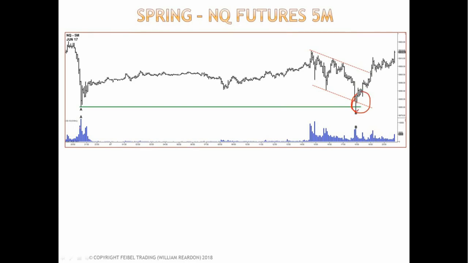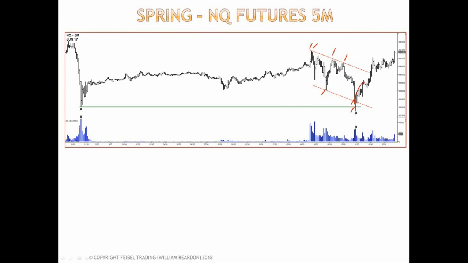At this position, where we spring and close back inside the channel, we are oversold in a trend channel that has held all day. This has contained price since the US Open. It's significant. We know it's been respected. 1, 2, 3, 4, 5, 6, 7 being the spring bar itself.